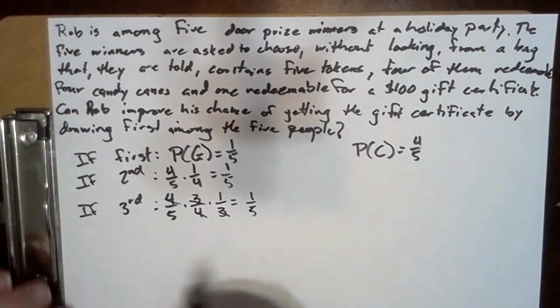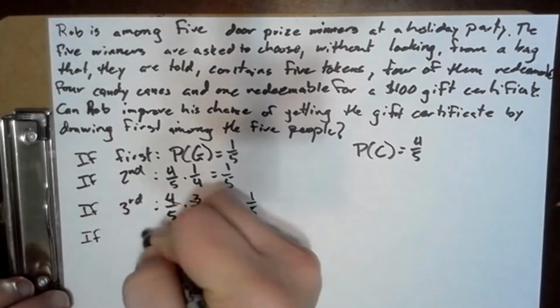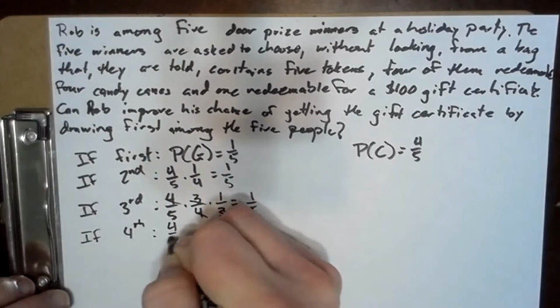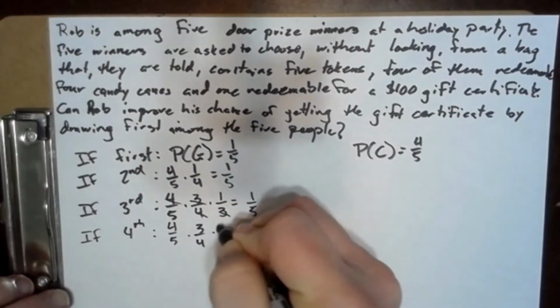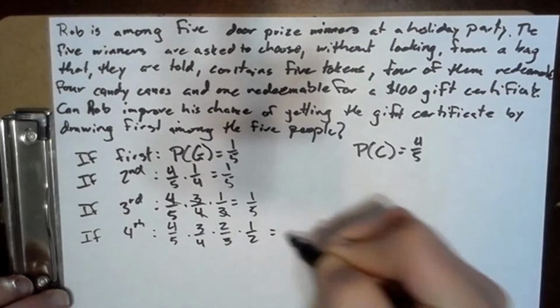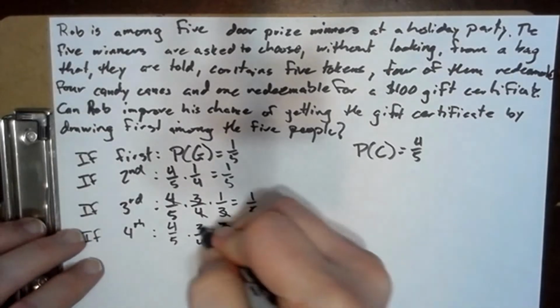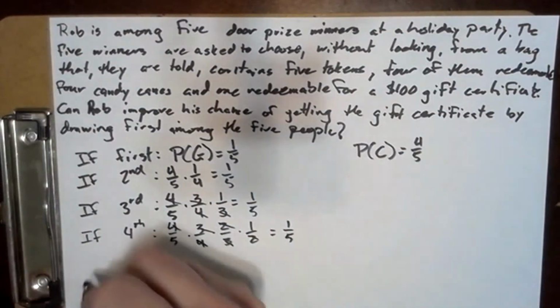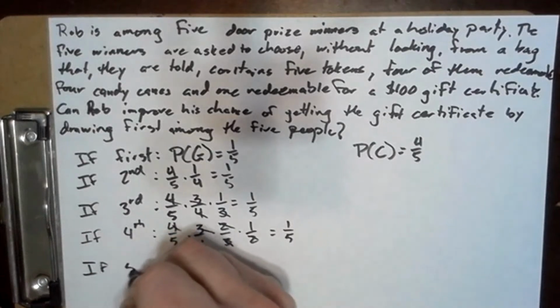You should be seeing a pattern here by now. If he goes fourth, you get 4/5 times 3/4 times 2/3 times 1/2. Cancel, cancel, cancel, cancel, cancel, cancel. Again, probability is 1/5.